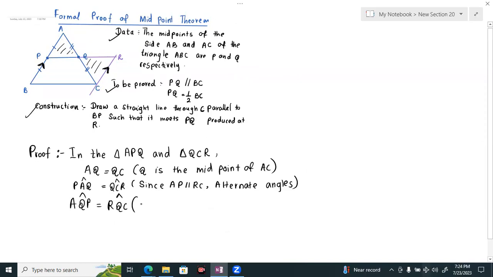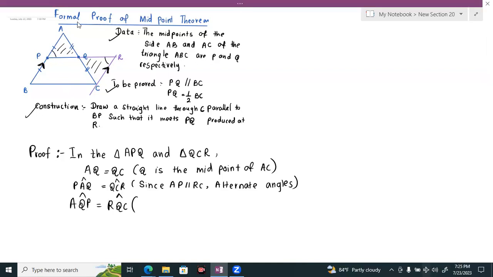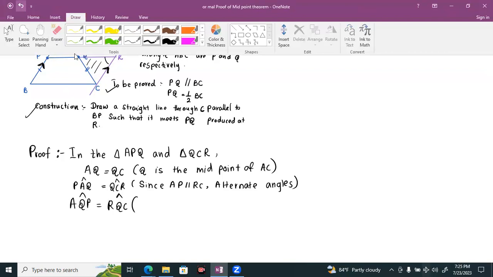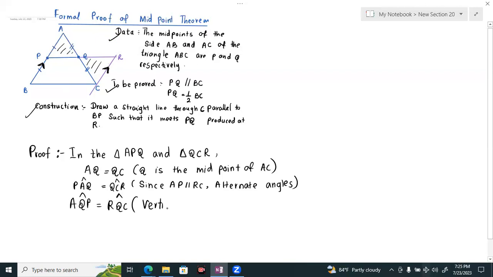Yes, they are vertically opposite. There are another two alternate angles, APQ and QRC; if we take those two angles, they can also be taken as alternate angles. The ones we have taken now are vertically opposite angles.